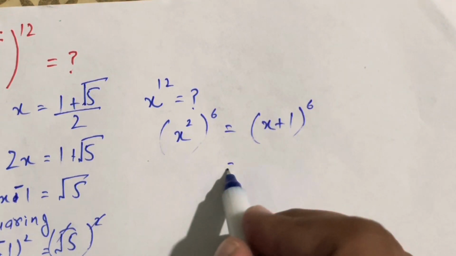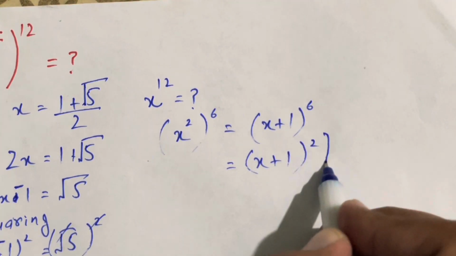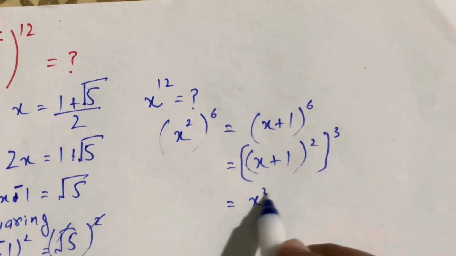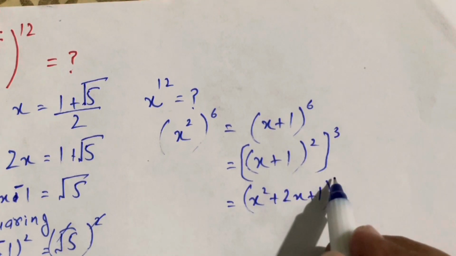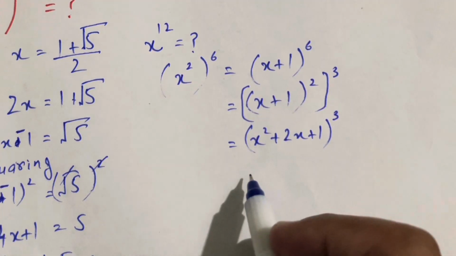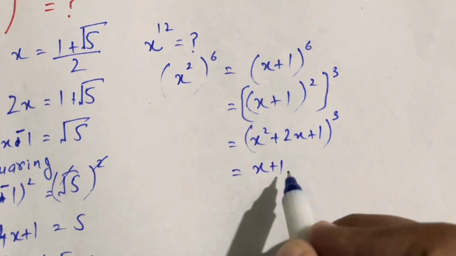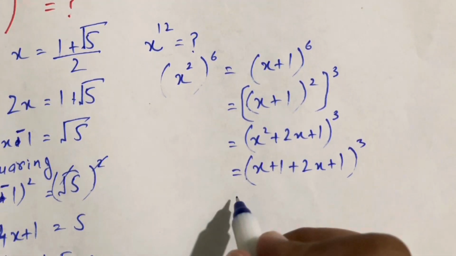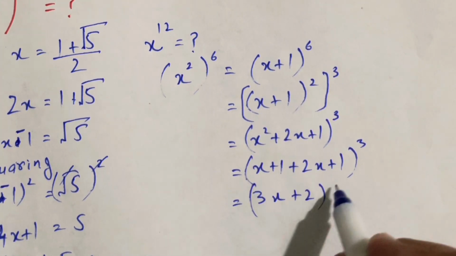I can further write this x plus 1 like that: x square plus 2x plus 1 power 3. Now I again put the value of x square as x plus 1, plus 2x plus 1 power 3. It becomes 3x plus 2 power 3.